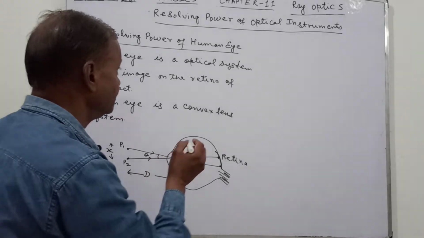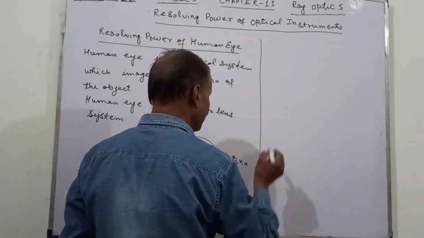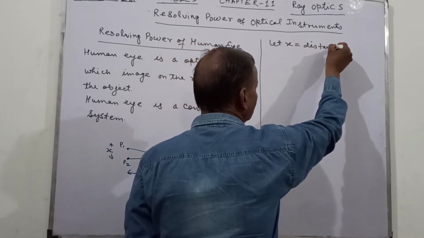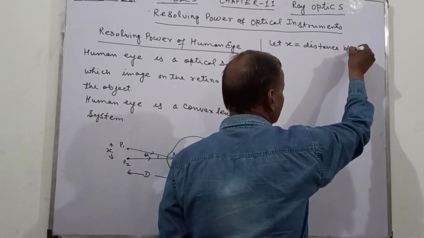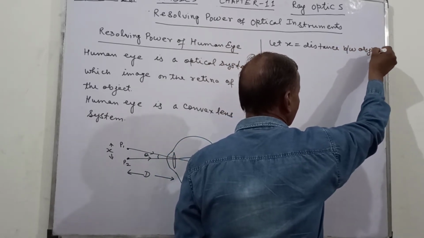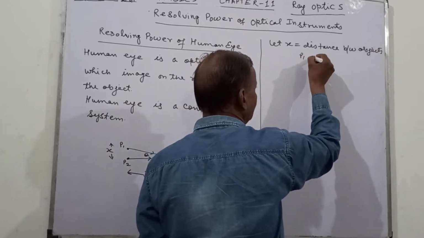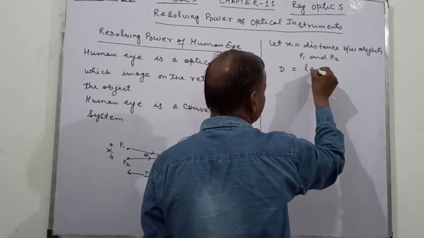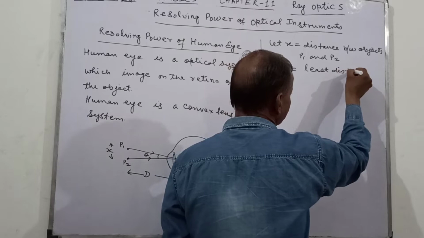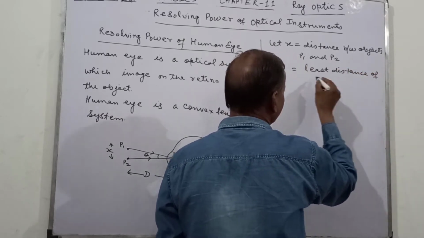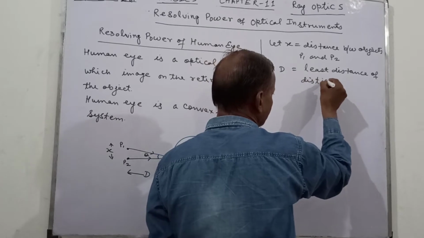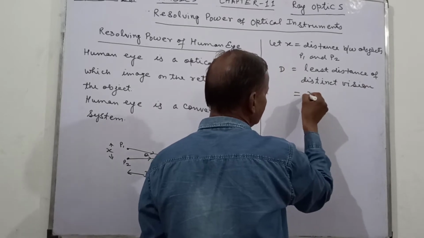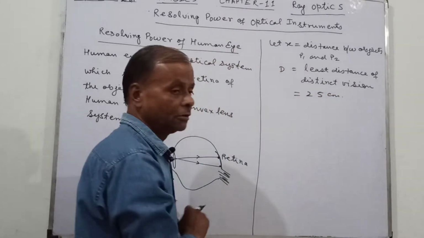So let x equal the distance between objects P1 and P2, and D equal the least distance of distinct vision, and this we know is 25 centimeter for the normal eye.